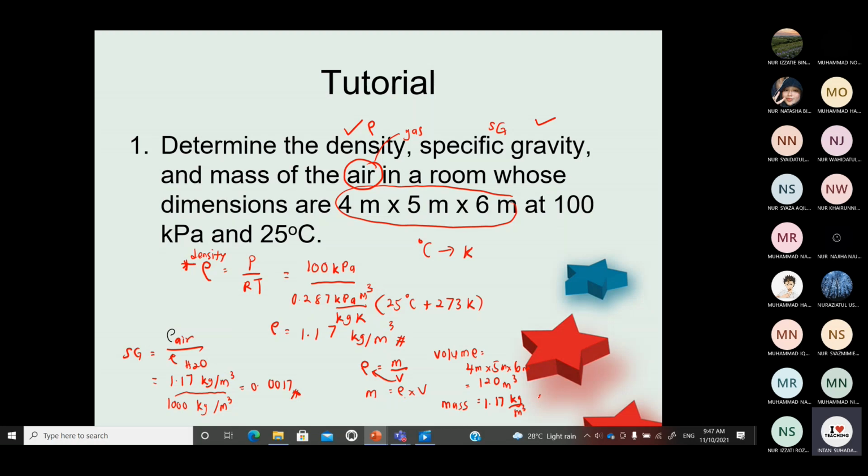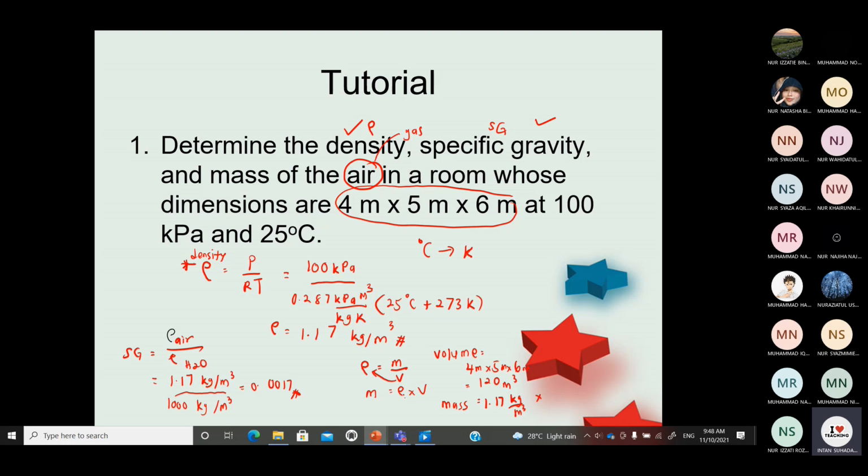Unit is important. When you solve a problem, please put the unit, because sometimes your answer is correct but you don't put the unit, and you can lose some marks.